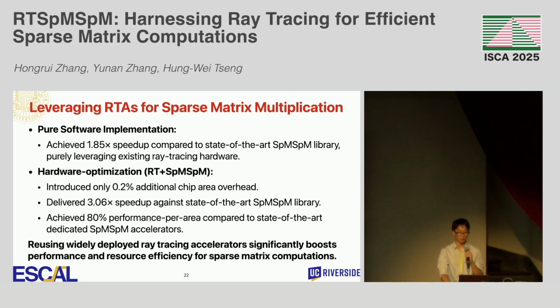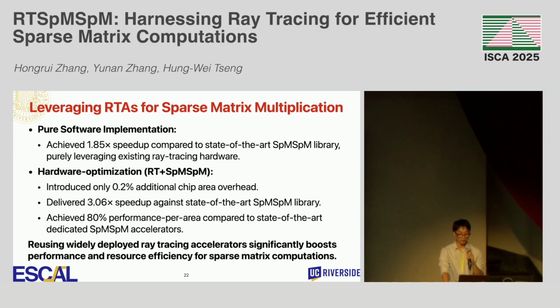So here's a summary of our contribution. We have a pure software implementation that achieved a 1.85 times speedup compared to the state-of-the-art SPM-SPM library, purely leveraging the existing ray tracing hardware. We also have a hardware optimization that introduced only 0.2% additional chip area overhead while delivering a 3.06 times speedup against the state-of-the-art SPM-SPM library.